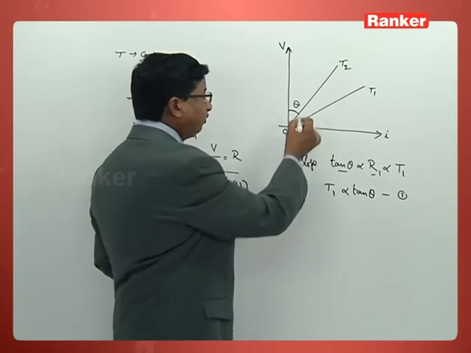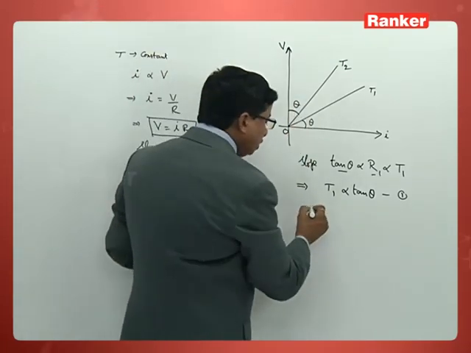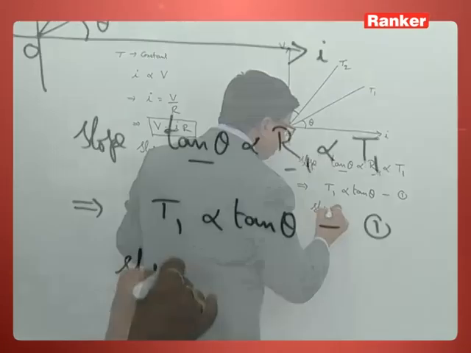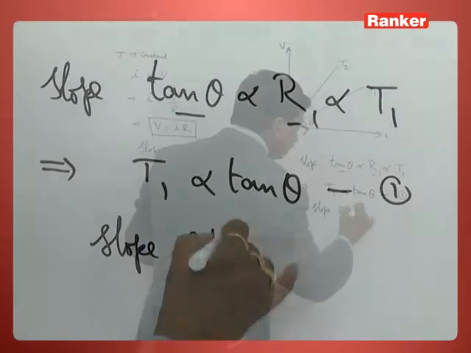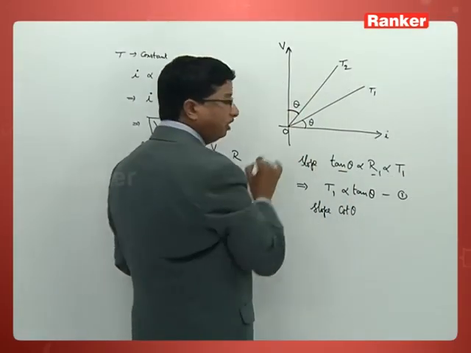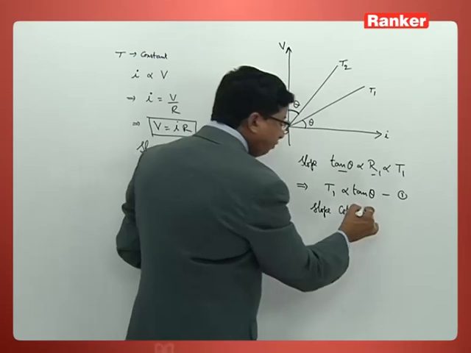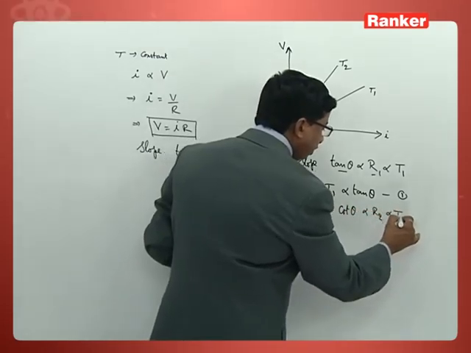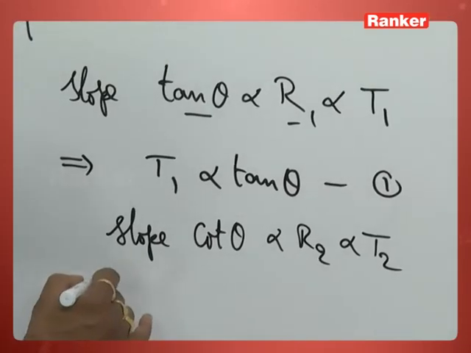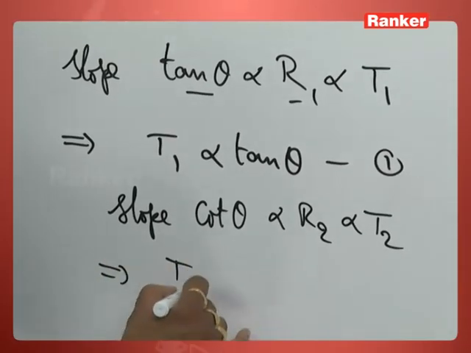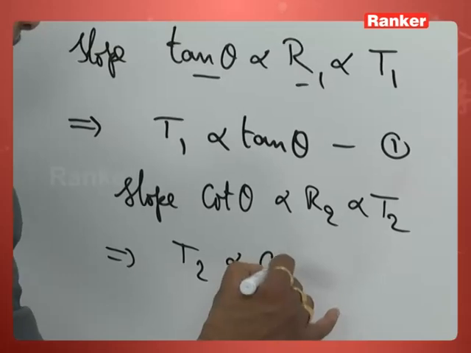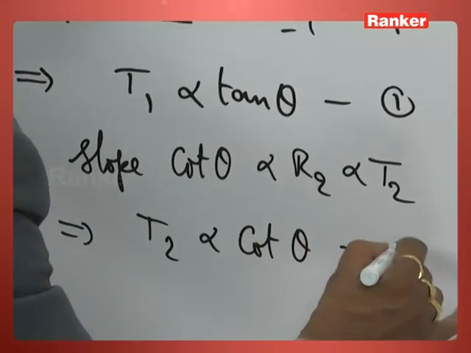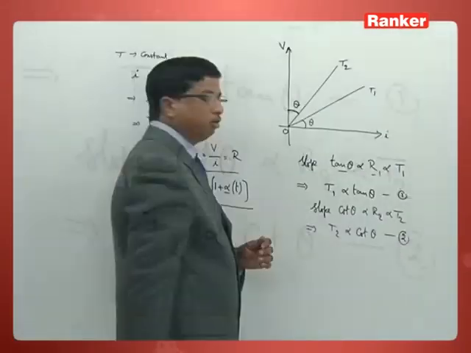So for the second one, the slope is cot theta this time, because this angle is given over here. That is proportional to R2, which is proportional to T2. So T2 is proportional to cot theta. That is my second equation.